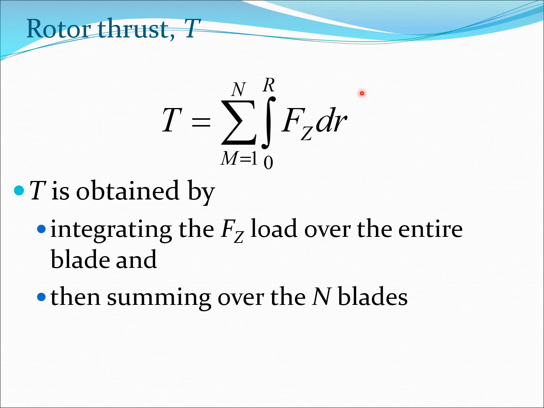So that would be the force generated by the entire blade. Now there are n blades, so we need to sum this from m is 1 to n. So let's say if there are 4 blades, then we have to take the total force being generated by the 4 blades. If there are 5 blades, then we take the force generated by the 5 blades and so on. So this is how BET lets you calculate the rotor thrust.